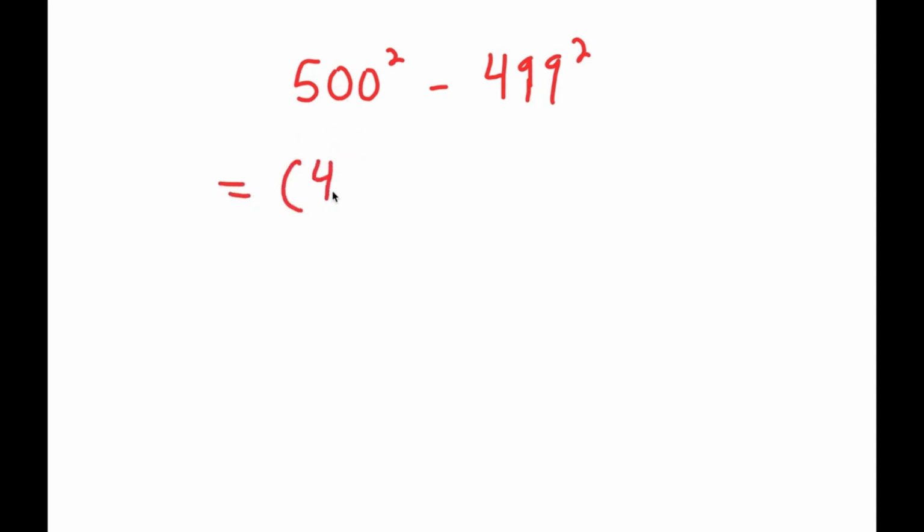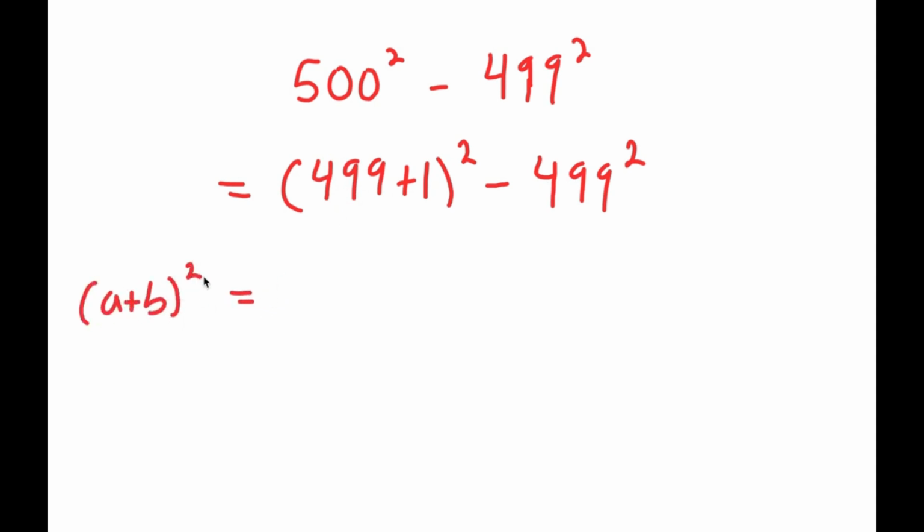Alright, so in this video, I'm going to solve the problem 500 squared minus 499 squared. So, to solve this, what I'm first going to do is rewrite this as 499 plus 1 squared minus 499 squared. And if I have something in the form a plus b squared, this is equal to a squared plus 2ab plus b squared.